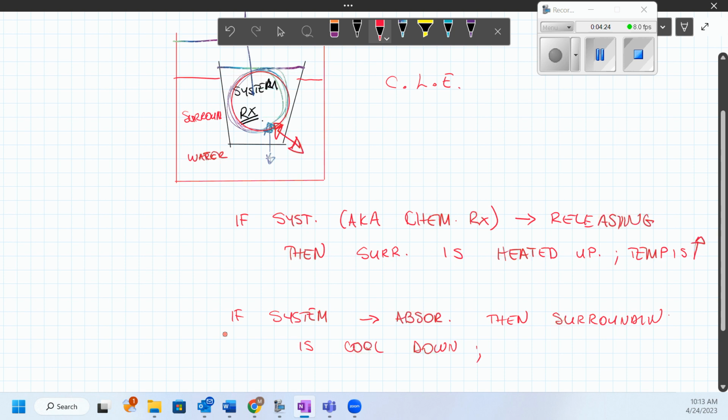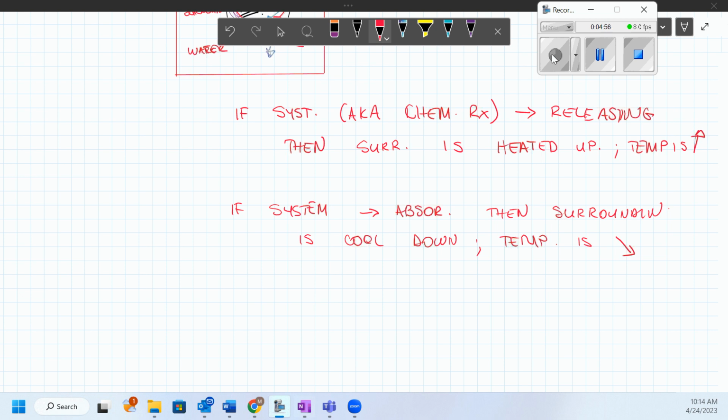How do we notice that? We see that the temperature is going down, close to zero or less than zero. Okay. We notice it in the surrounding, but it is as a result of the change that is happening in the reaction.